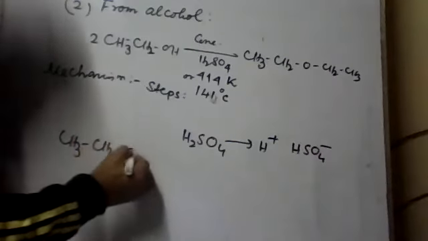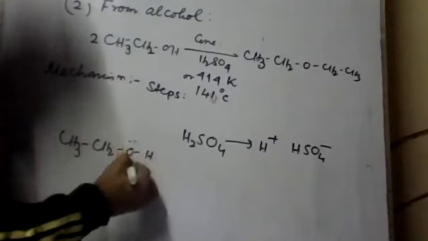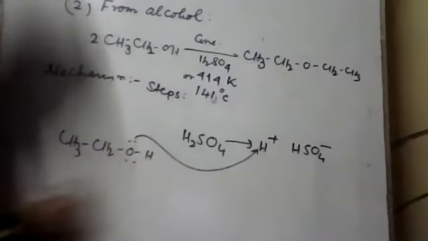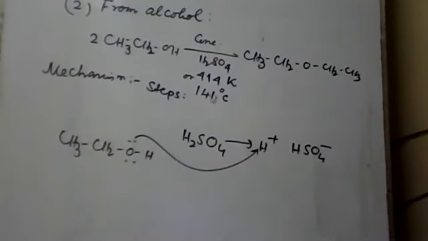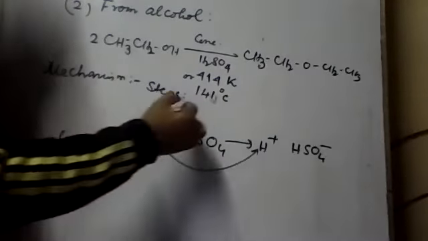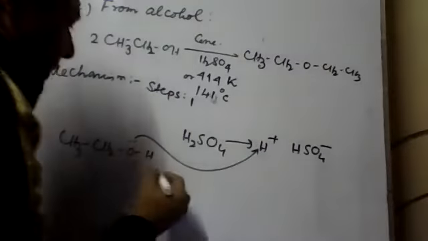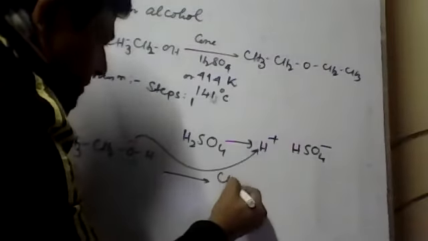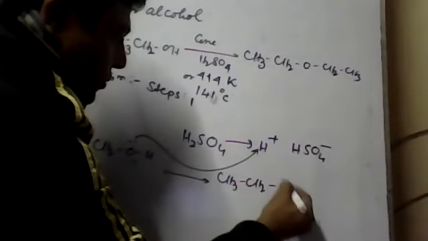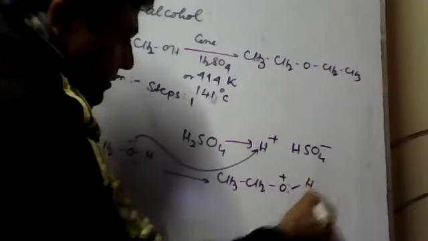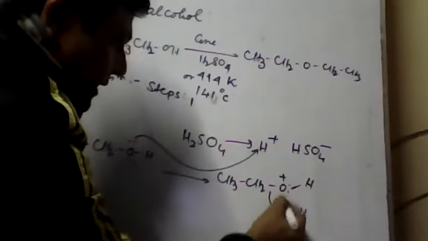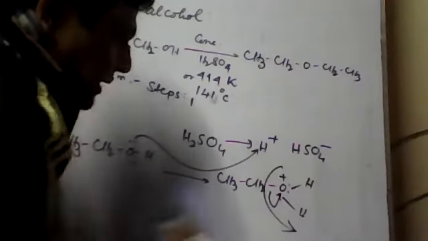The first step is protonation of alcohol, just like the previous one. It gives CH3CH2O positive with one lone pair and two hydrogens. Now it will take the electrons and leave as water.